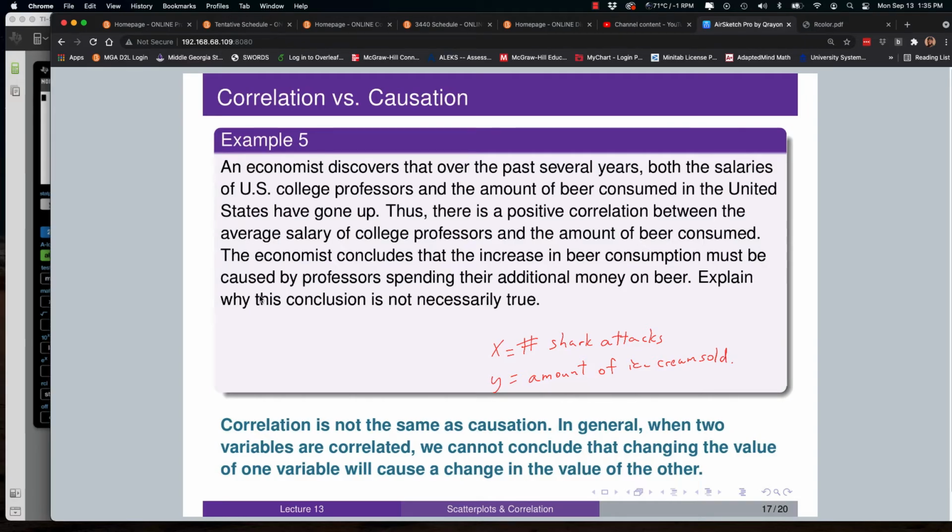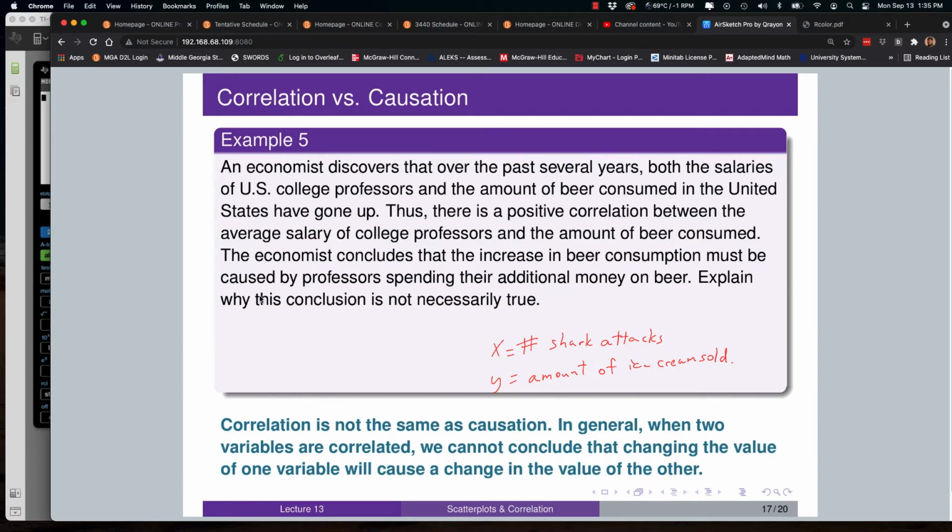During the summer months, we'd expect shark attacks and the amount of ice cream sold to increase, right? Because it's warmer weather. People are more likely to go to the beach, be in the water. Therefore, shark attacks could increase at that point in time. And sharks are more active during warmer weather as well. And then the amount of ice cream sold usually goes up when the weather's warmer too.